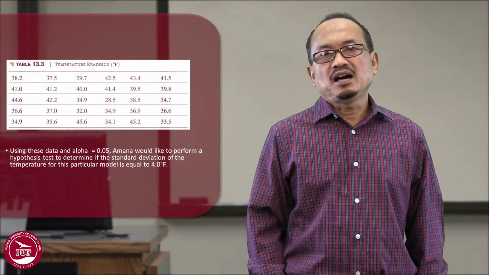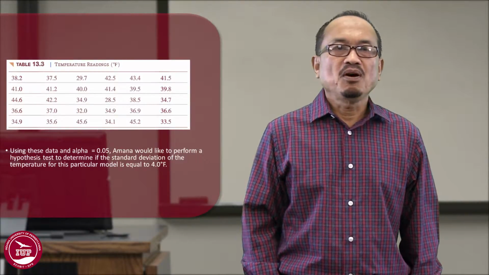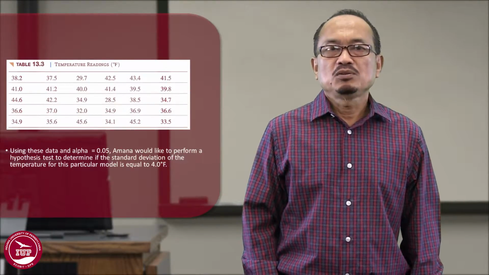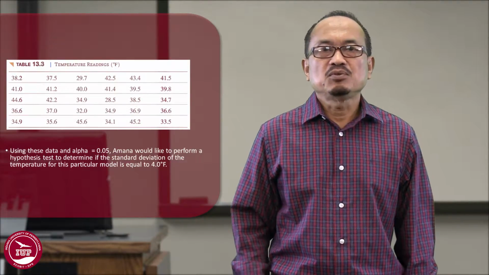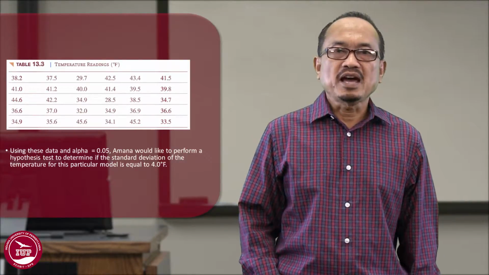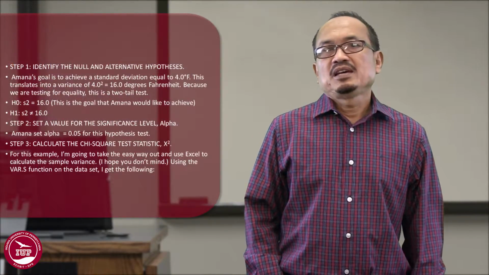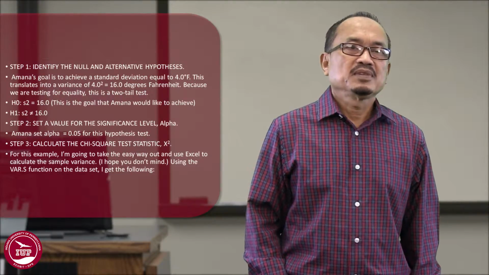Using this data and alpha equal to 0.05, Amana would like to perform a hypothesis test to determine if the standard deviation of the temperature for this particular model is equal to 4 degrees Fahrenheit. Step 1. Identify the null and alternative hypotheses.